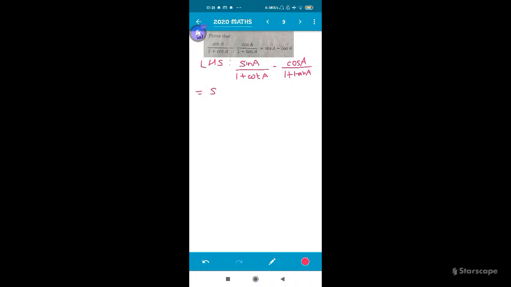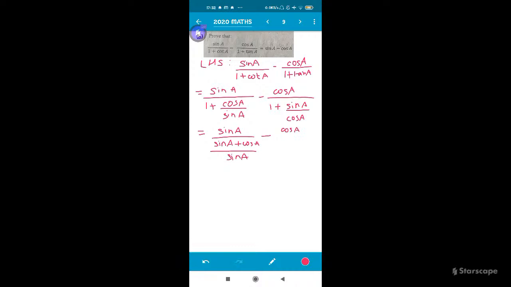So sine A by 1 plus cot A, that means sine A divided by 1 plus cos A by sine A, minus cos A divided by 1 plus sine A by cos A. So this can be written as sine A divided by sine A plus cos A divided by sine A, minus cos A divided by cos A plus sine A divided by cos A.